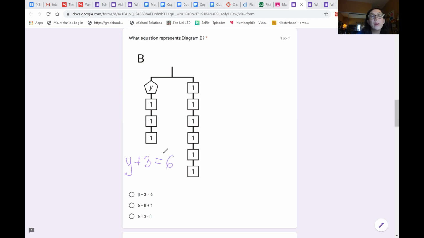So y plus 3 equals 6. And then the quiz just uses a square to represent the variable. So we want the square plus 3 equals 6. It was the only way that I could do it. Okay, the other options are 6 plus some unknown quantity plus 1, and then 6 equals 3 times that quantity.